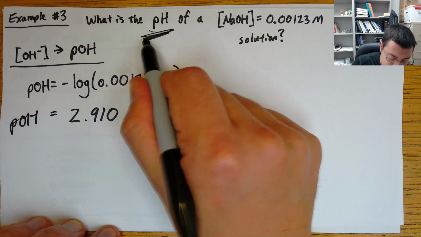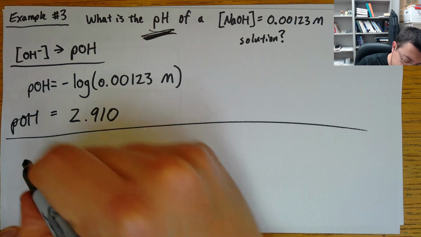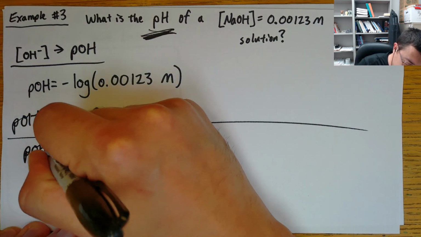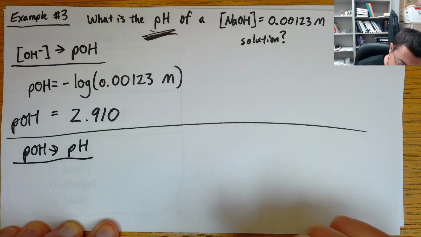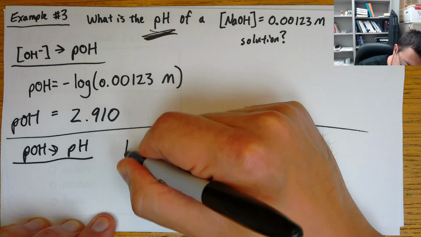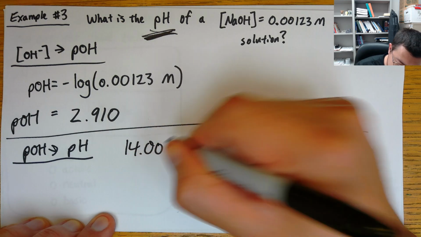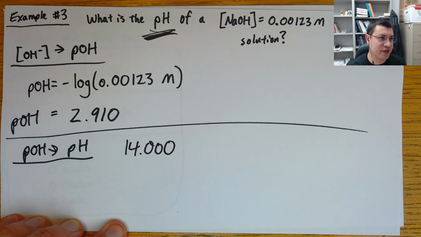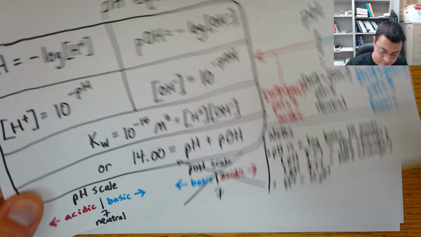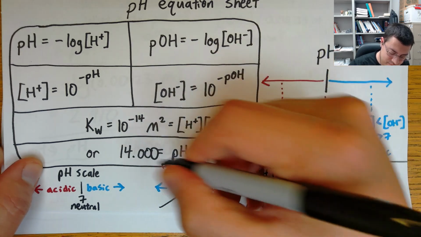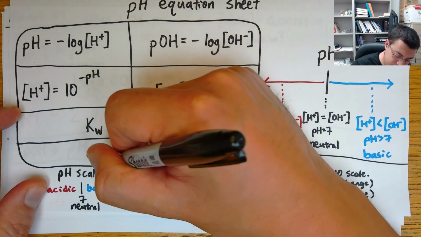They asked for a pH, right? So we're going to turn our pOH into a pH. The equation goes 14.00, and it's 14 exactly, so you can give yourself more zeros if you need it. Maybe I should have just written 14 exact.